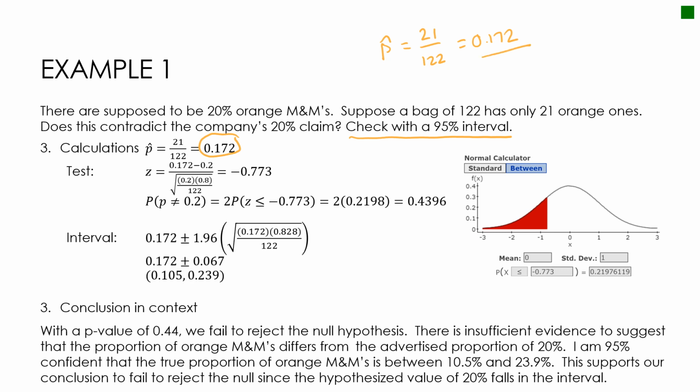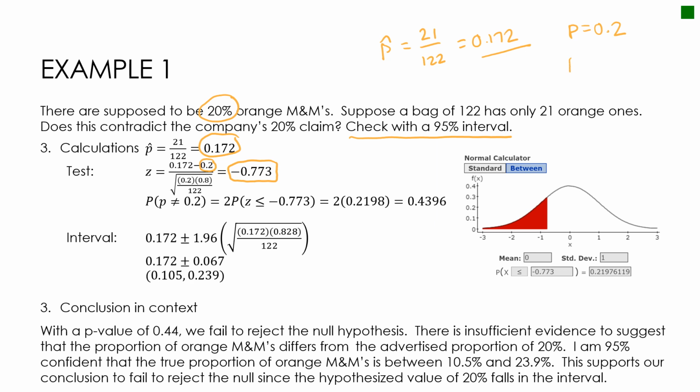My observed is 0.172. My expected, from my null hypothesis, is 20% orange M&Ms. And my standard deviation is found using 0.2, not the standard error, but the standard deviation. I get a z-score of negative 0.773.